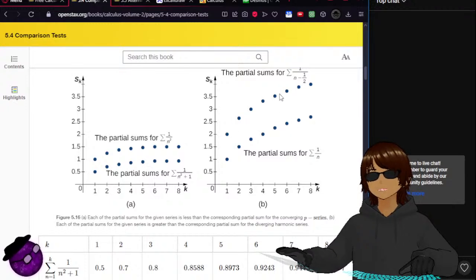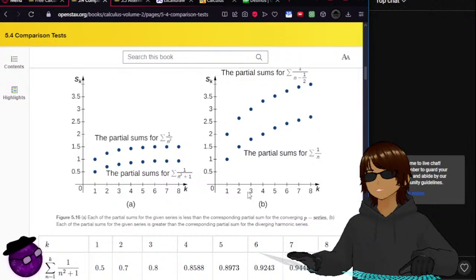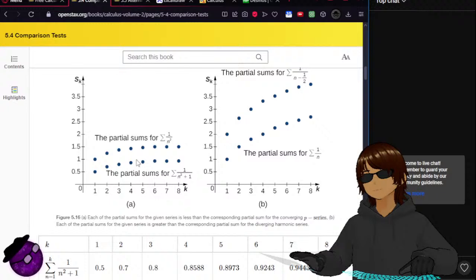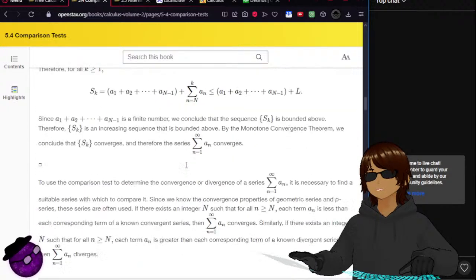This is assuming that this sequence will always be greater than this sequence, or there's a particular point at which this sequence is greater than this sequence. Same thing here, there's a particular point at which this sequence is smaller than this sequence. So if the top one converges, the bottom one will also have to converge.